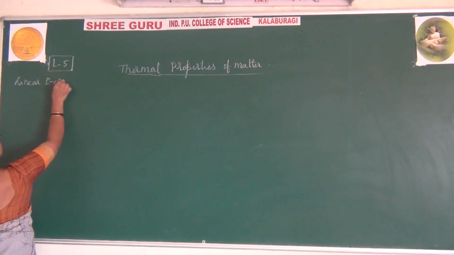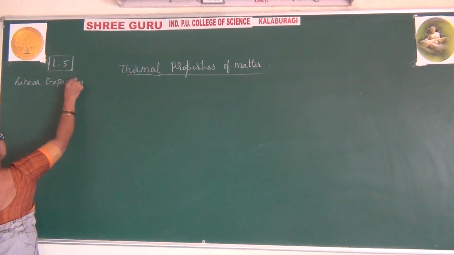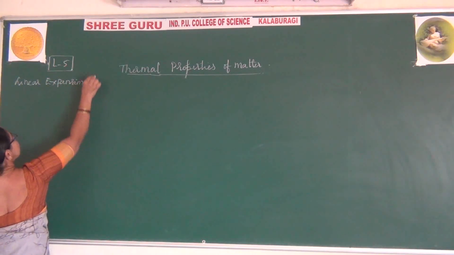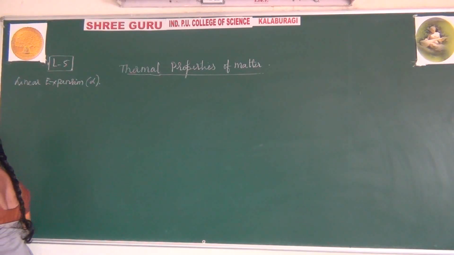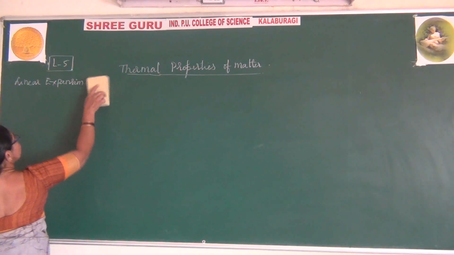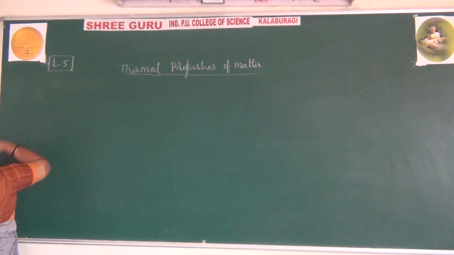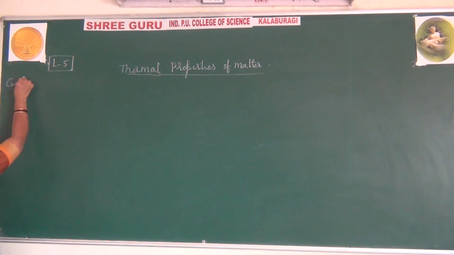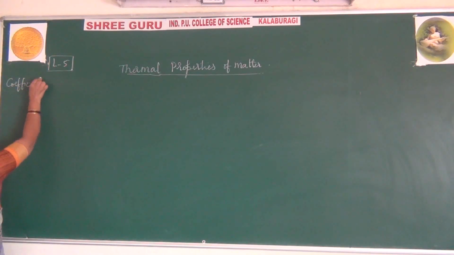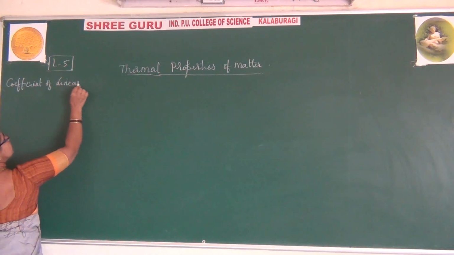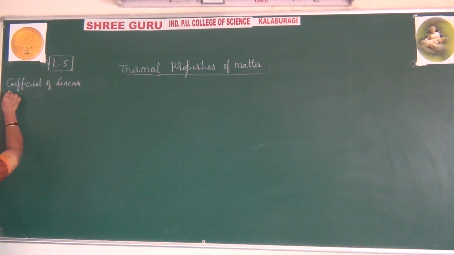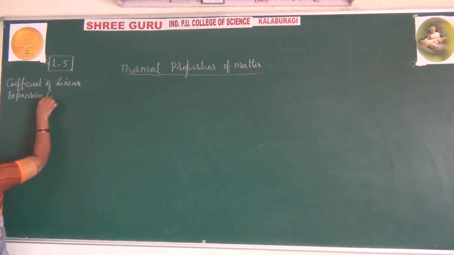Please observe linear expansion. In the last class I wrote the symbol alpha for it, which is also called the coefficient of linear expansion. First I will write here, this is the coefficient of linear expansion, the symbol is alpha.